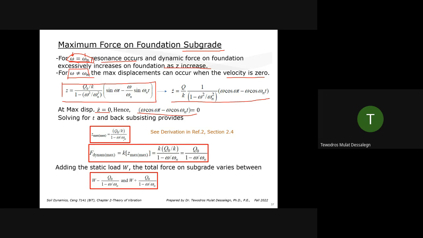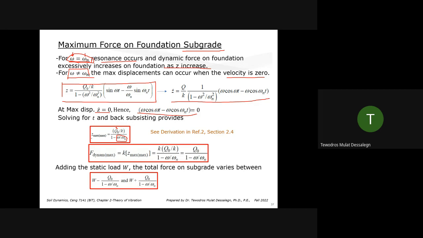Max displacement is given by q naught, the initial force, over the spring constant, times 1 over 1 minus w by wn. You'll see this w by wn ratio everywhere. And it's clear that when w by wn is 1, then 1 minus 1 is 0, and the displacement goes crazy. So we try to avoid that.